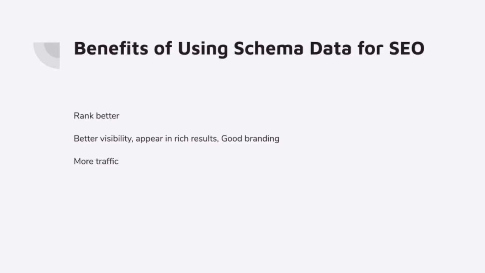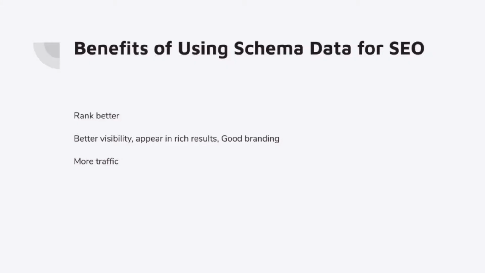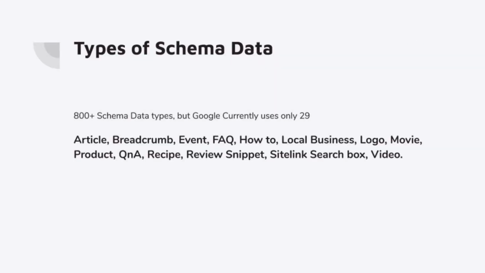Similarly, when you implement schema data properly, your content ranks better because the search engines understand your content better, and you get rich results like this. And when your content ranks better and gets this kind of rich results, you receive more clicks and more traffic from the search engines.